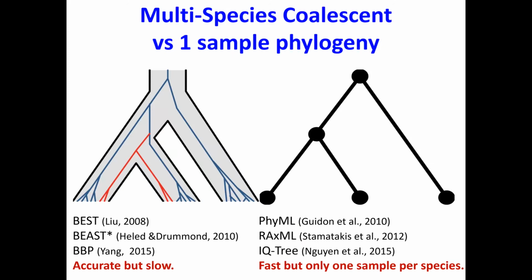So when we started, there were already multiple ideas around how to combine multiple individuals for constructing evolutionary histories. And yesterday we had this excellent talk by Si-Heng Yang explaining the multi-species coalescent.